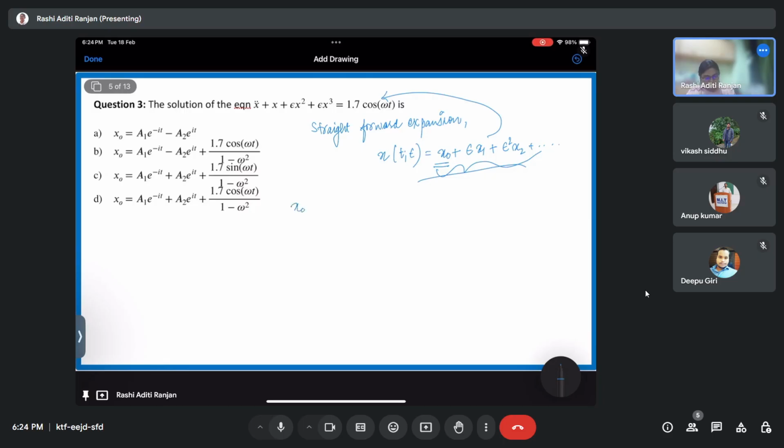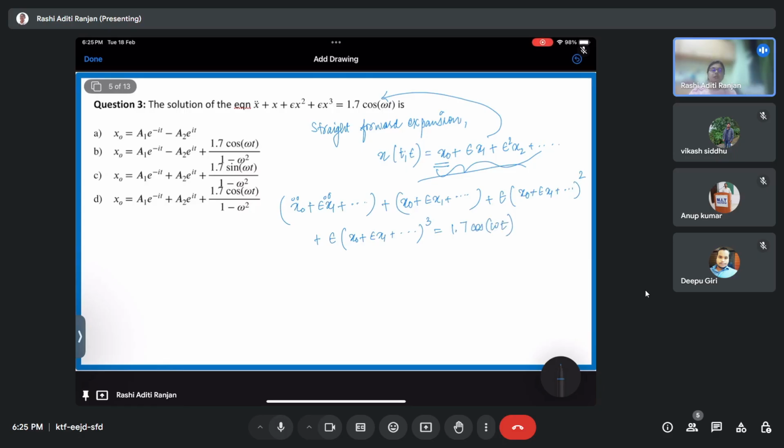I'll have x naught double dot, likewise, plus this plus epsilon square plus cube is equal to 1.7 cos of omega t.